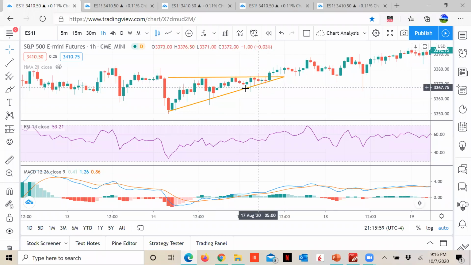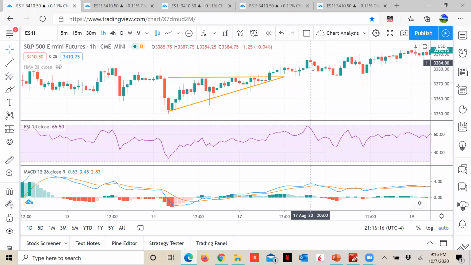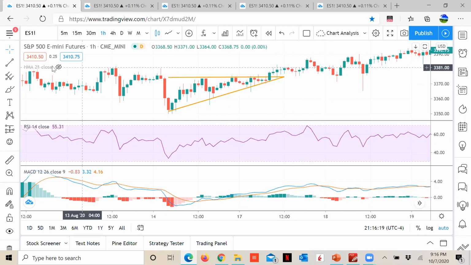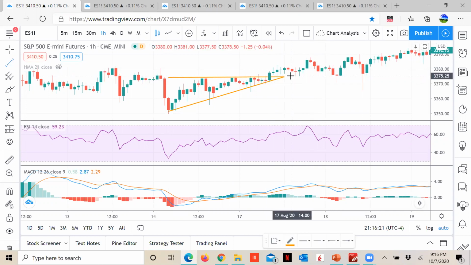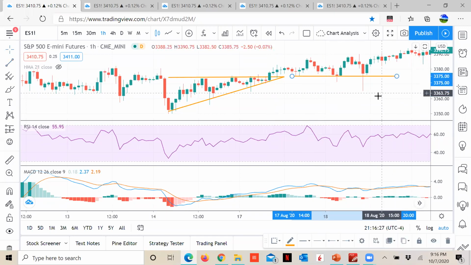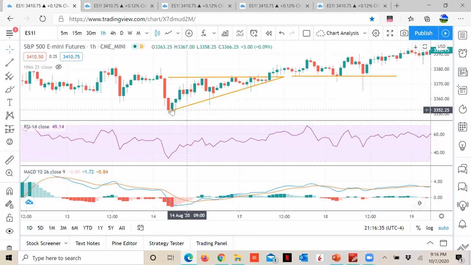So this is an ascending pattern, a bullish pattern. Right where it converges, just before that, is when it breaks out of this resistance level and moves up. Once it does that, this new resistance becomes the new support, right? So it's a continuation pattern.